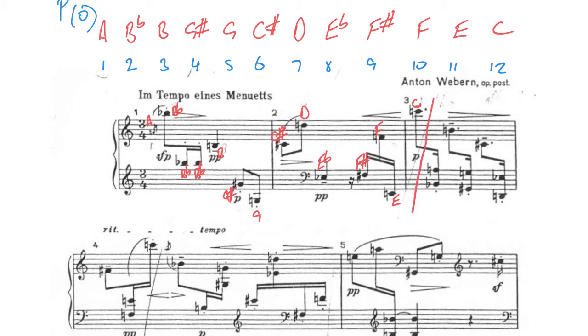Change colour. Let's number these. So A is 1, B flat is 2. We've got 2 here as well. We've got 3, 4, 5, 6, 7, 8, up to 12.